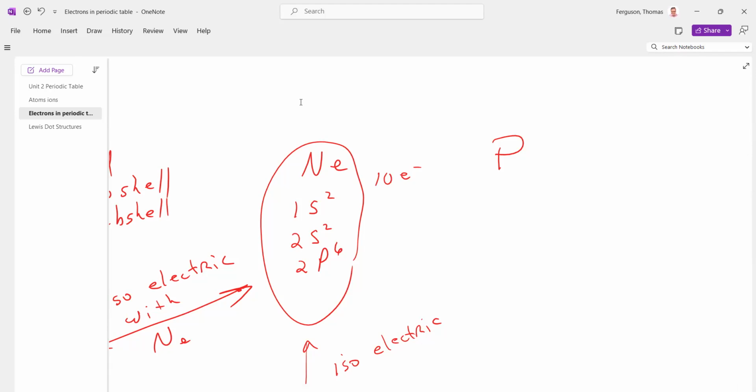Everyone's writing the electronic configuration for phosphorus. And it's optional to do squares or circles.